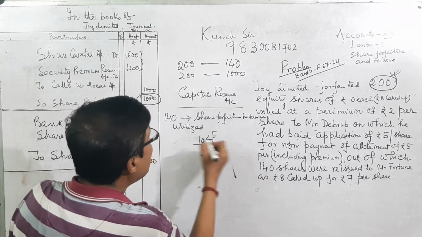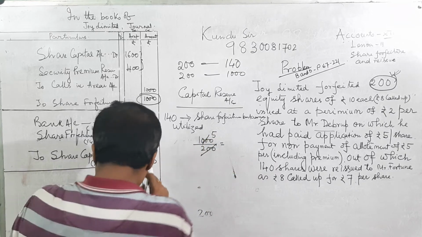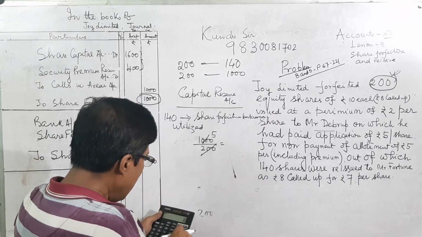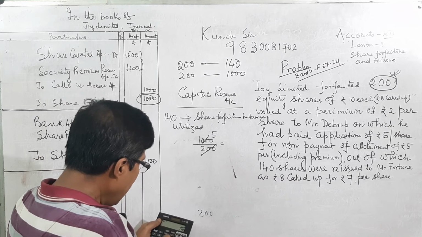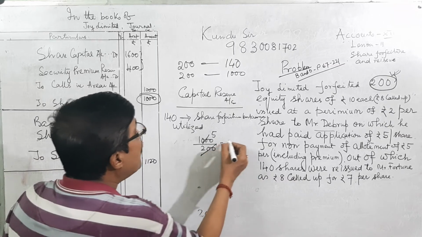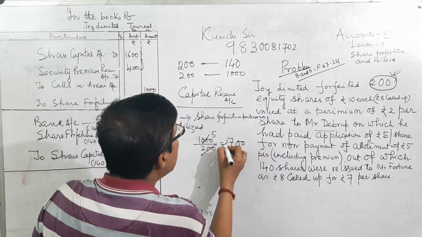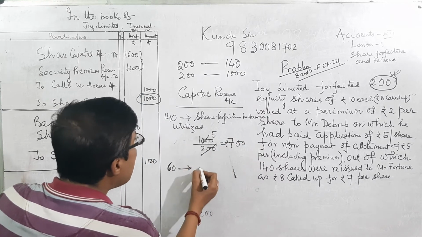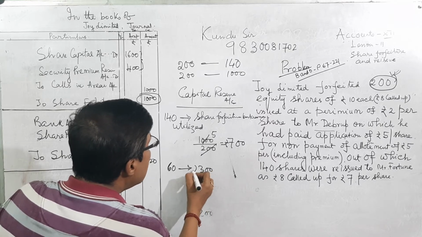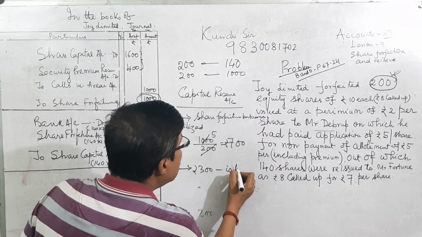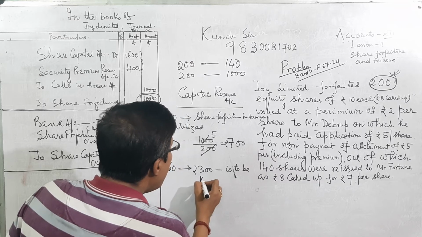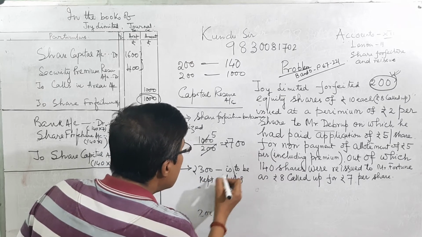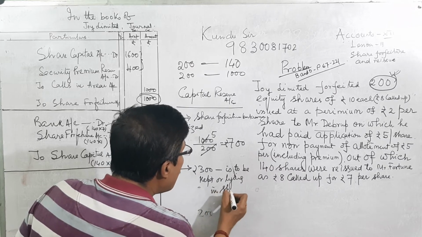For 140, proportionate share forfeiture related to 140 is 140 into 5, that means 700 rupees, and 300 is to be kept or lying in share forfeiture account.